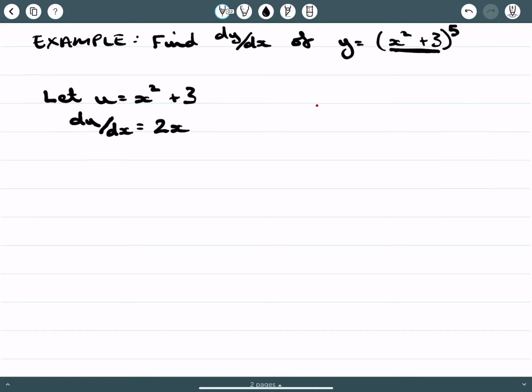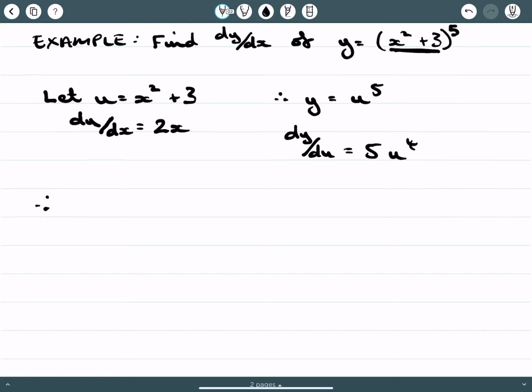That 3 just disappears. Therefore, y equals u to the 5. We're going to find dy/du. That's going to equal 5u to the power of 4.